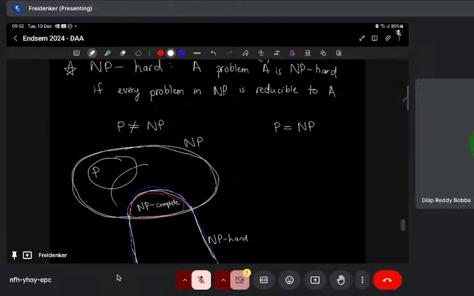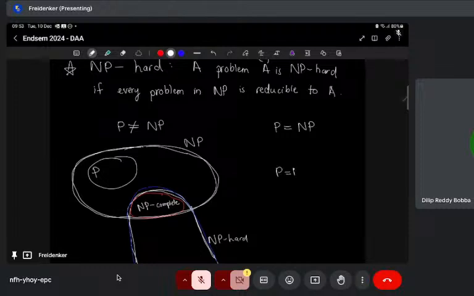Will there be an intersection between NP complete and P? Let me just check if the Venn diagram is correct. Yes, so apparently there turns out to be no intersection. Fine. This is when P is not equal to NP. But let's say they're equal, so what would that mean?